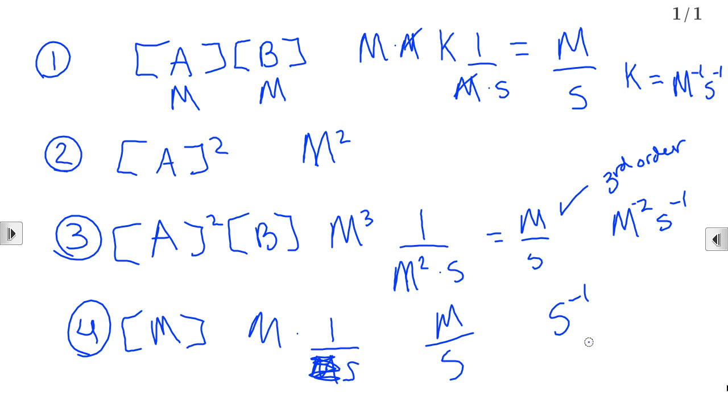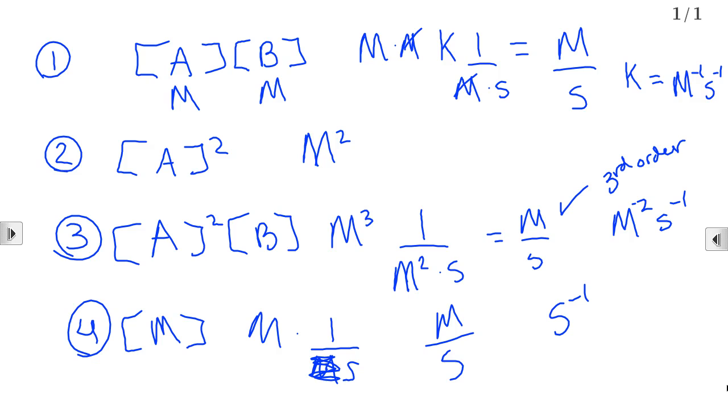Second order, same thing: 1 less than the order, inverse. For first order, 1 less than 1 is 0, and anything to the 0 power goes away, so the M is not even there. Then seconds is inverse, so they all got a second to the -1.